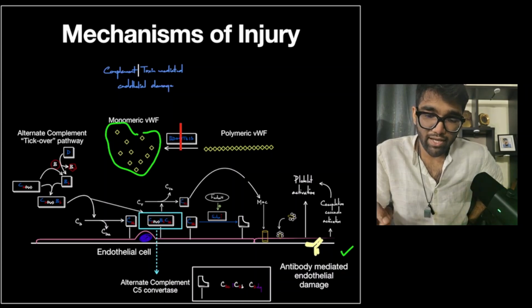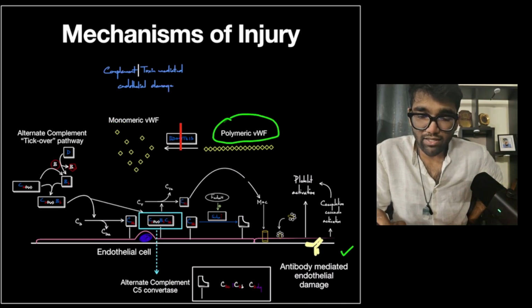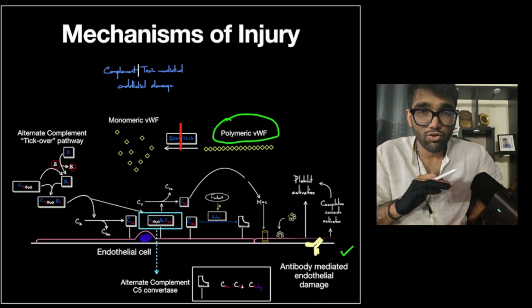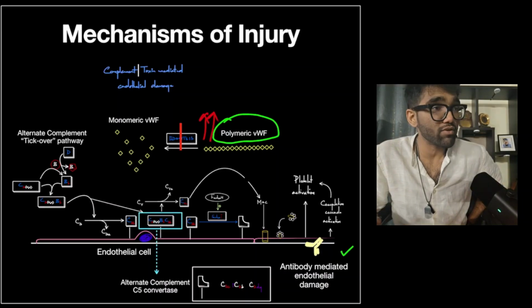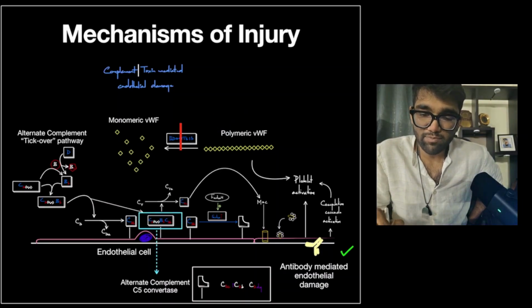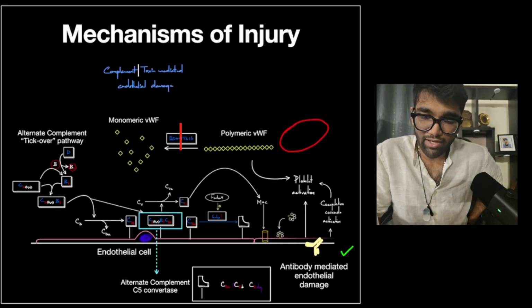On the other hand, polymeric von Willebrand factor should be maintained at a relatively normal range. If you inhibit your ADAMTS13, what ends up happening is there is an increase in the amount of polymeric von Willebrand factor in blood, and because of that you end up having platelet activation, because von Willebrand factor can bind to platelets directly via a receptor.